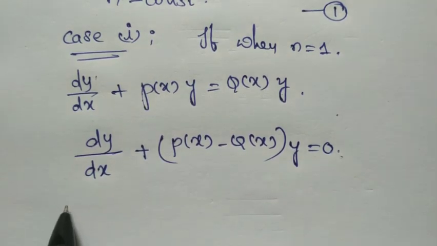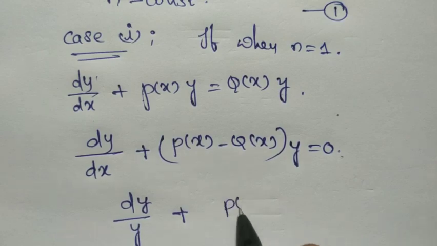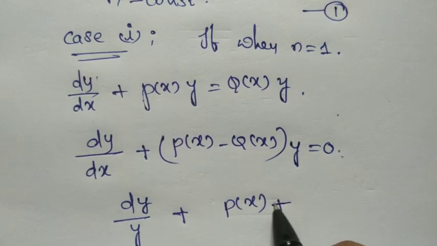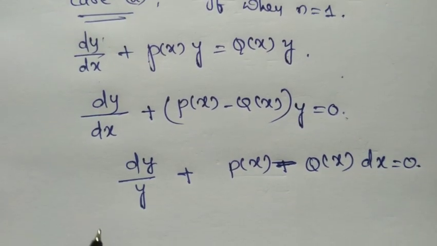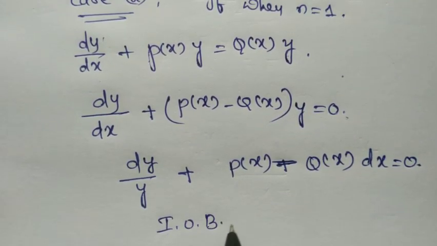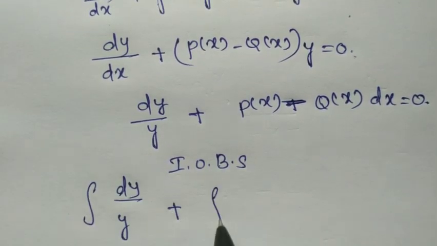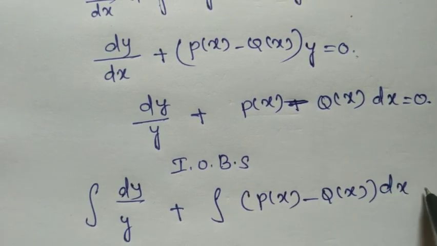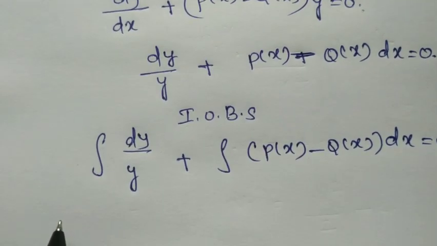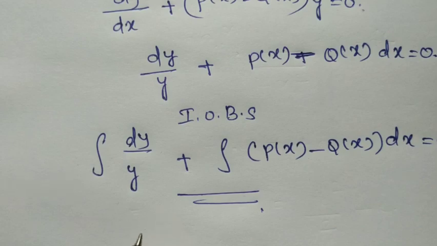By using the variable separable method, separating the variables, dy/y + (P(x) - Q(x))dx = 0. Integrating on both sides, ∫dy/y + ∫(P(x) - Q(x))dx = 0, we get the general solution of case 1.